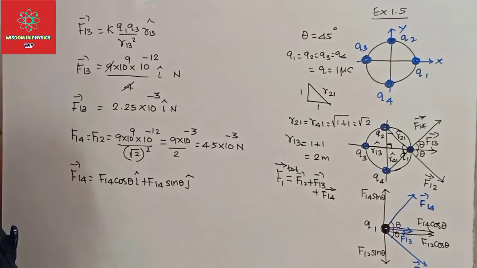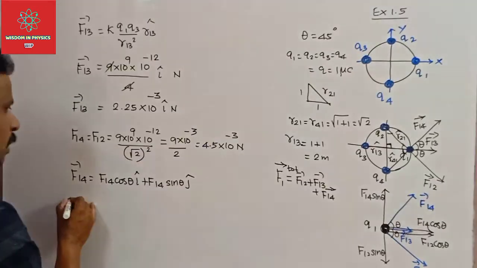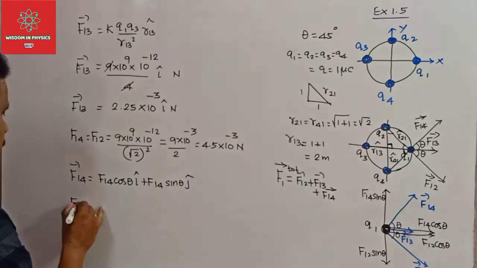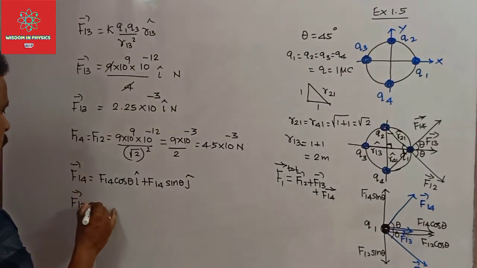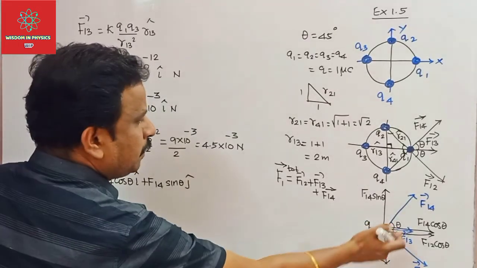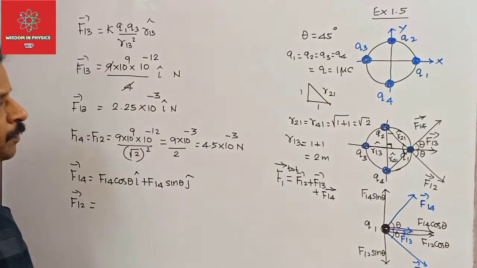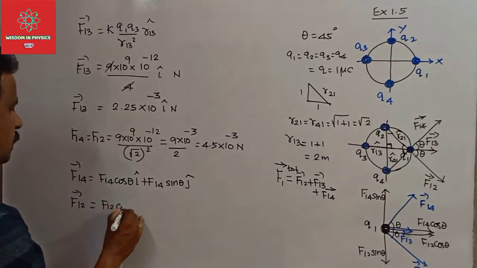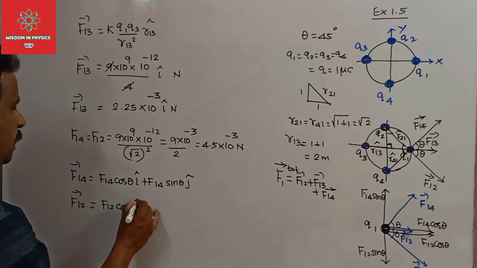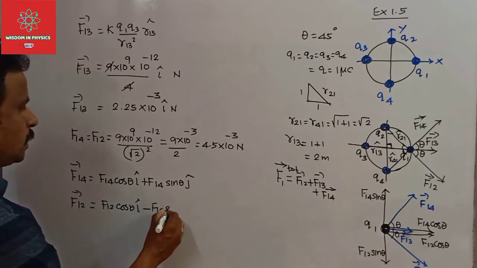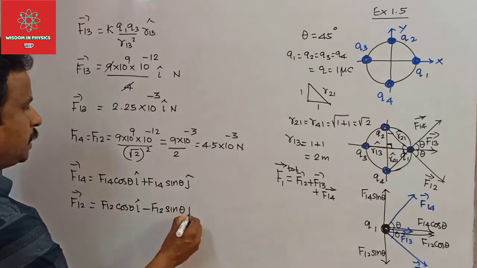Then what about F12 vector? This is the fourth quadrant, so positive x-axis, negative y-axis, and here you can write it as F12 cos theta I cap, then minus F12 sin theta j cap.